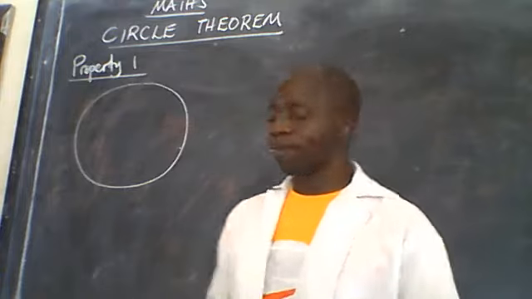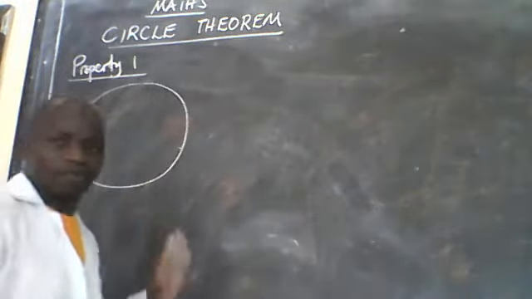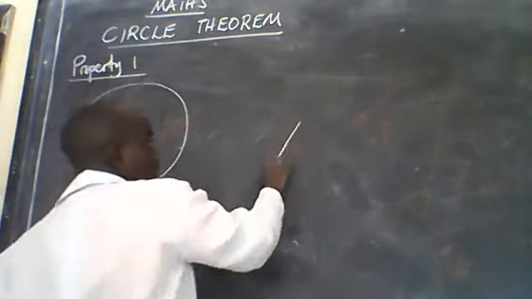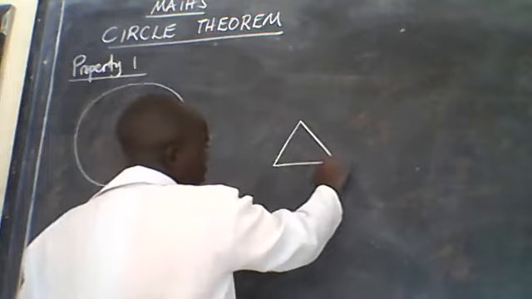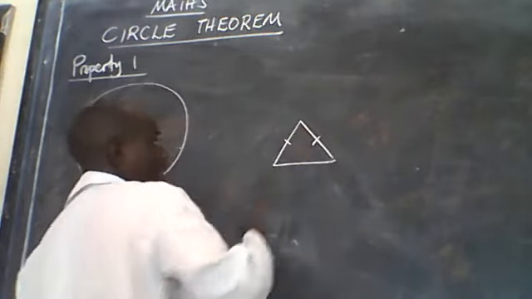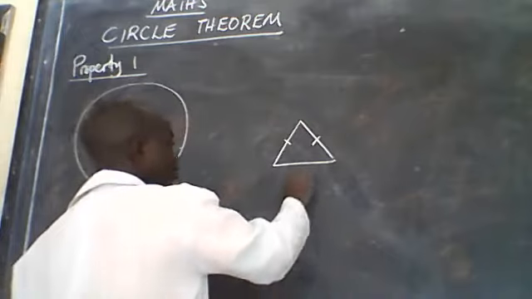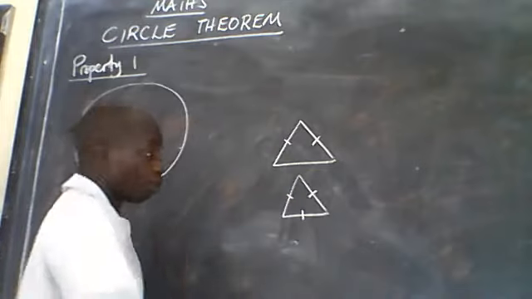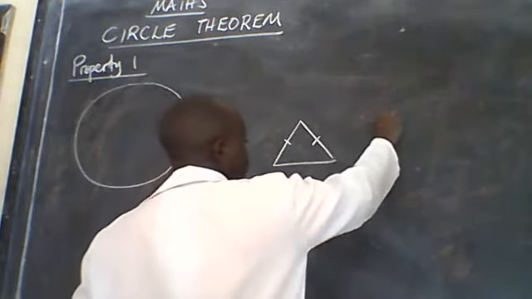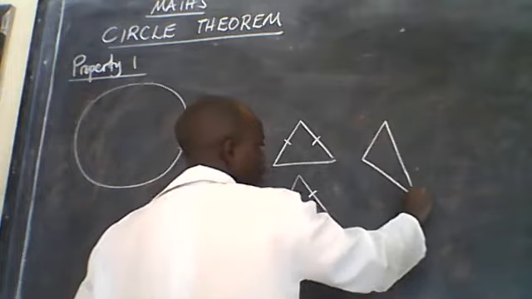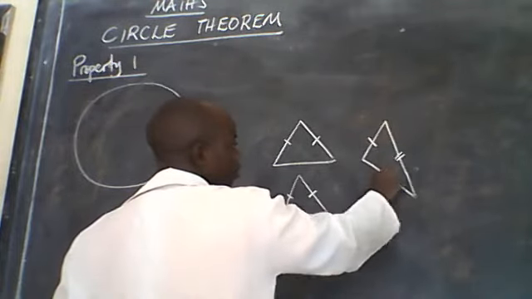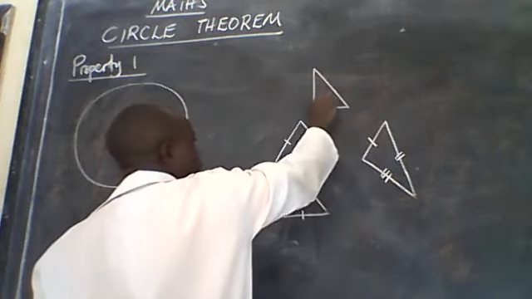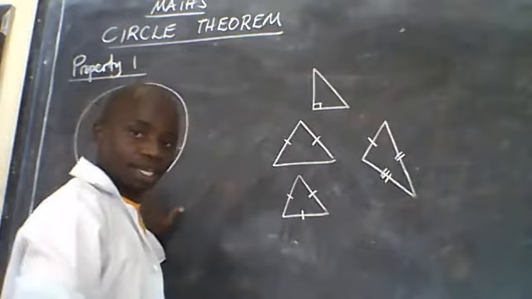Before we look at the first property, you've watched in the first video, under the Pythagoras theorem, a triangle and the name given to it. There are also triangles of these kinds, and all of these are important.